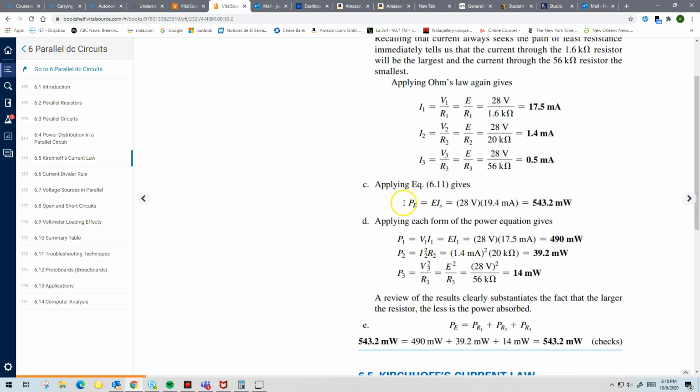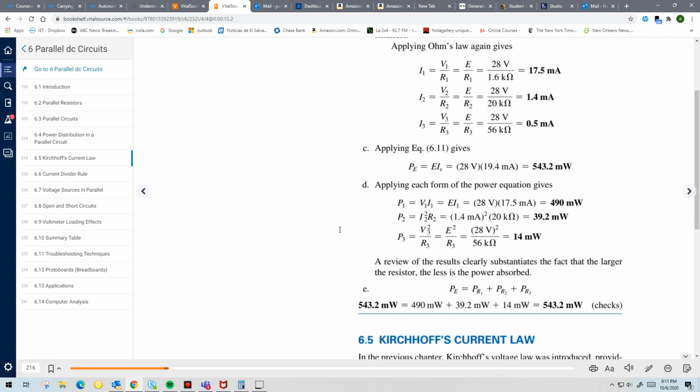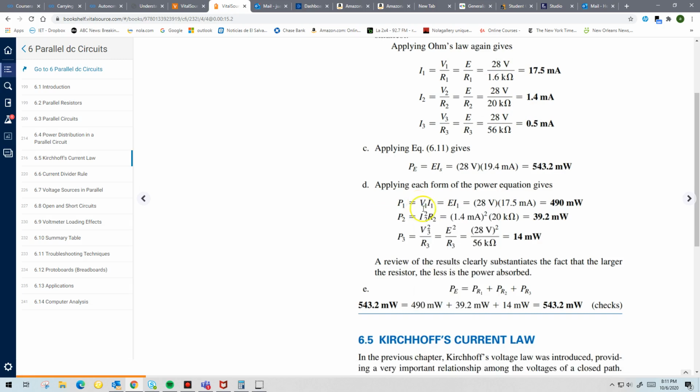And again, as we saw, the power delivered by the source is equal to the voltage times the source current, and then you have the source power. And we can use any of the equations now, since we know the currents and the voltages across each resistance. See how they use the 3 different equations to find the power absorbed by the resistances.